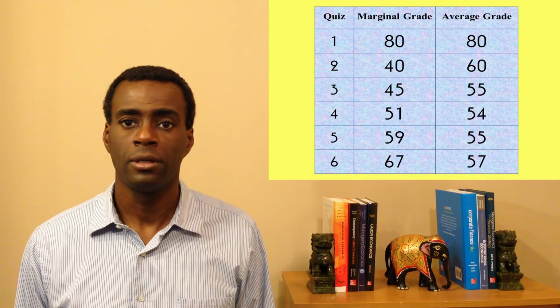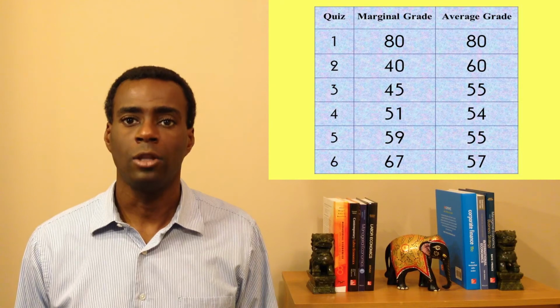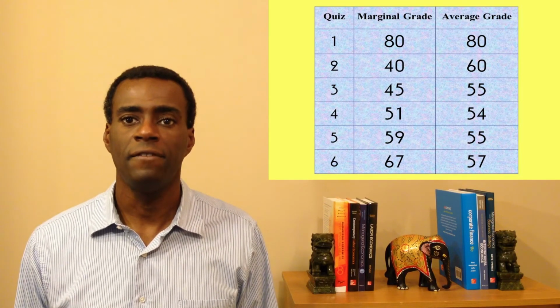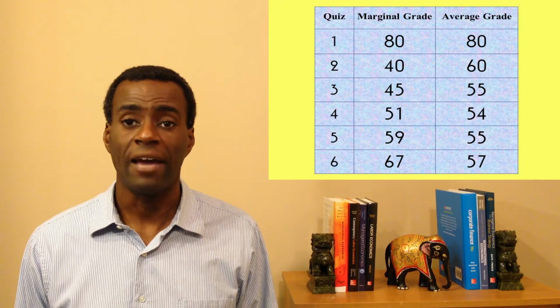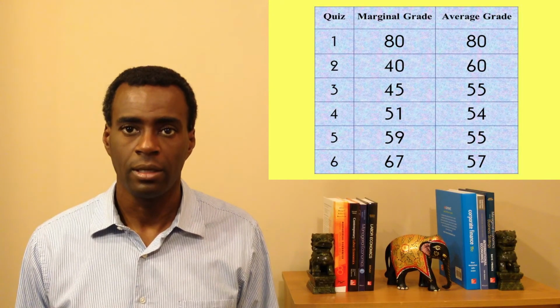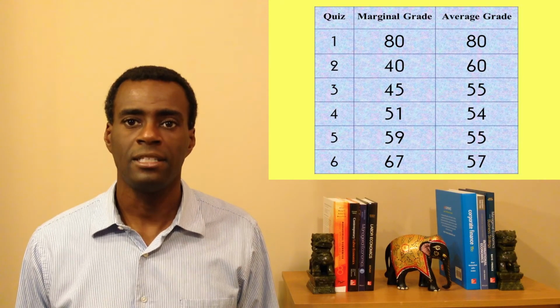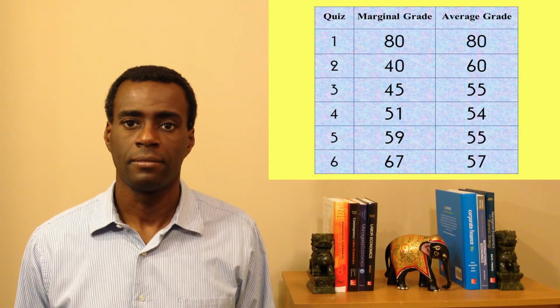Why does this occur? Because as long as the grade obtained by the student is inferior to the student average at the time, the average will continue to fall even if the student is making improvements.